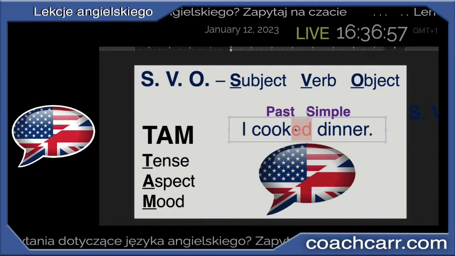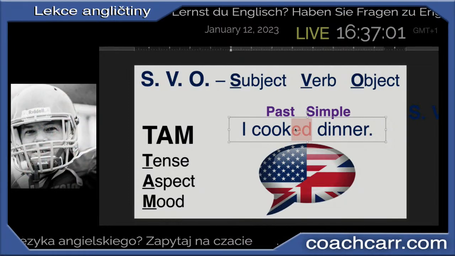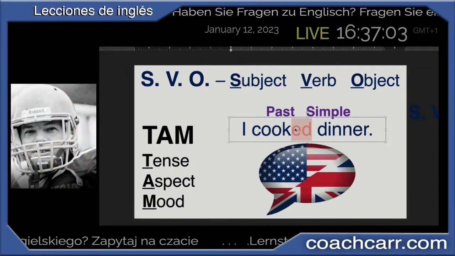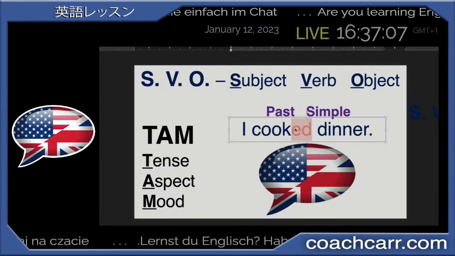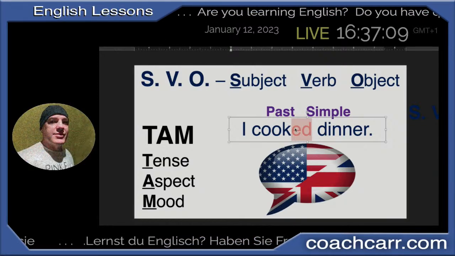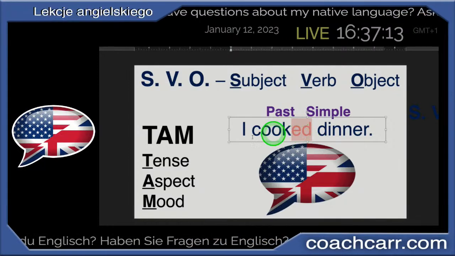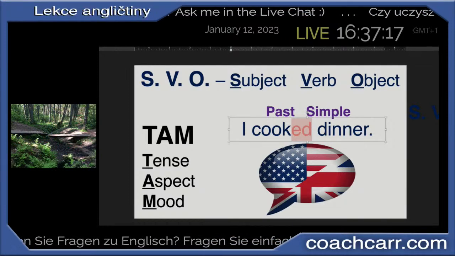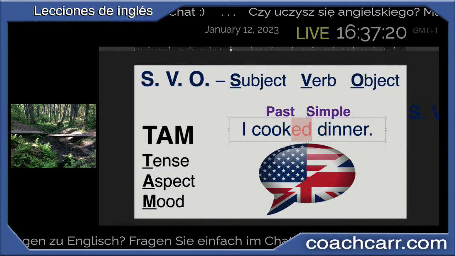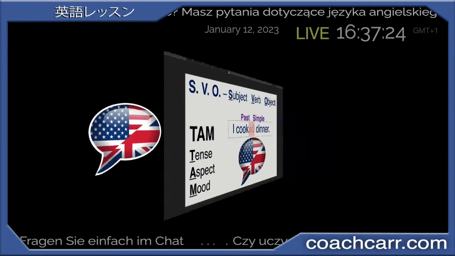And I'm trying to think, what would that be in Polish? Okay, I'll go over here to the machine, typing in I cooked dinner. What do we have? Let me see if I can click the right button here. Okay. Yeah, here we go.